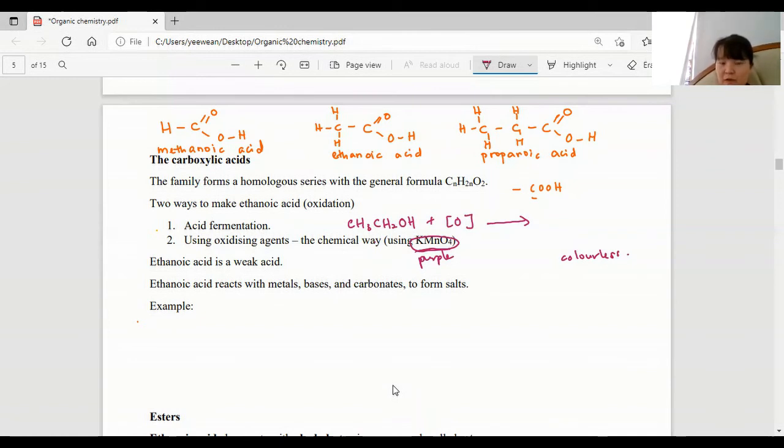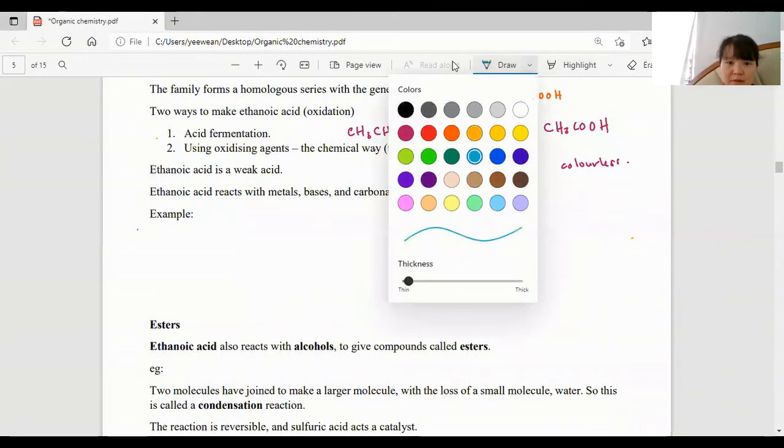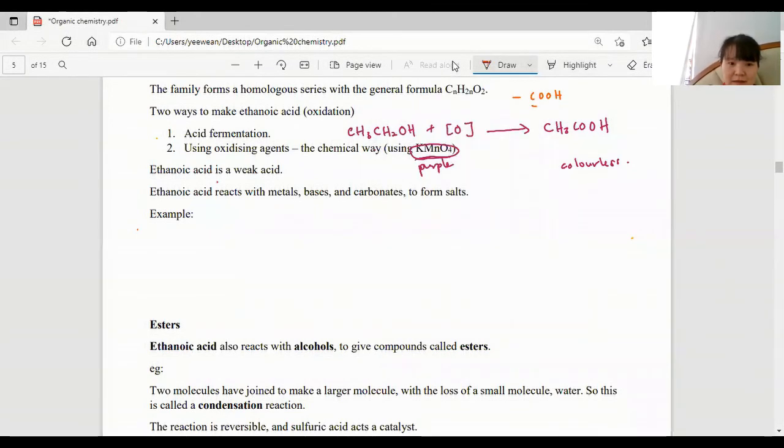So KMnO4 is no longer there, so the purple color will decolorize and we will obtain carboxylic acid. Since carboxylic acid is a weak acid, it will turn blue litmus to red. So this is one way to test that it's an acid.